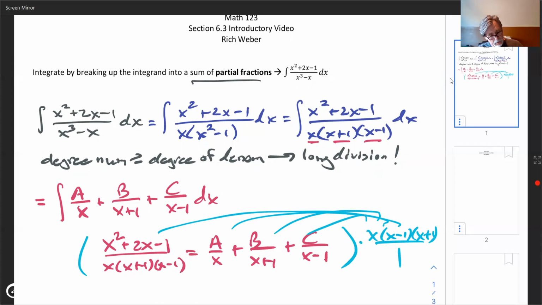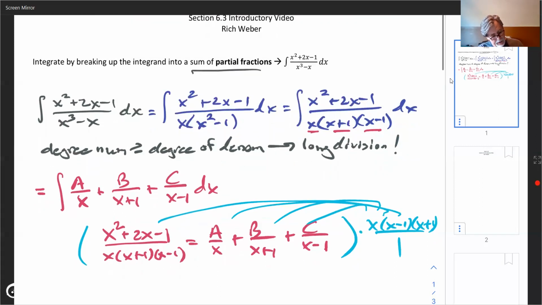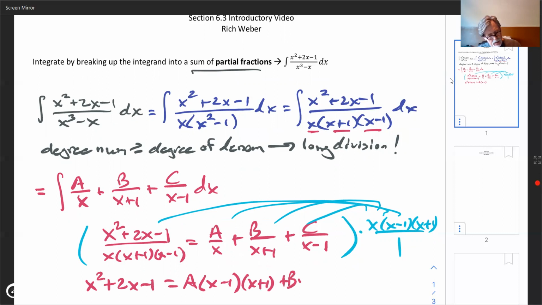And when you do so, you lose the entire denominator on the left, and you're left with the numerator: x squared plus 2x minus 1 is equal to a times what clears, which is x minus 1 times x plus 1, plus b times x minus 1, plus c times x plus 1.